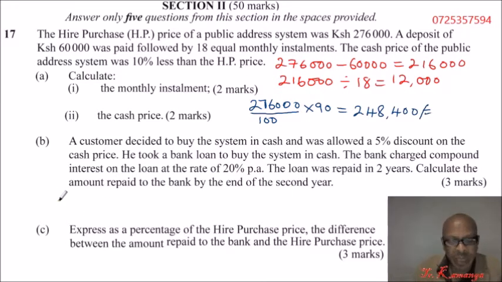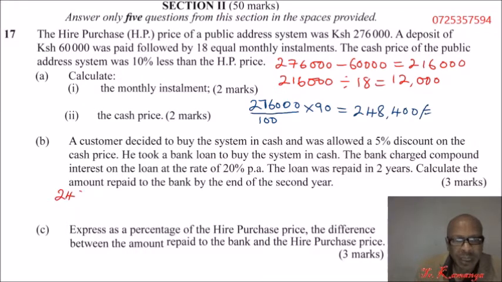Since it is compound interest, the amount to be paid is based on the principal. Before we compute the amount, since the customer was allowed a 5% discount, let's get the amount the customer paid.